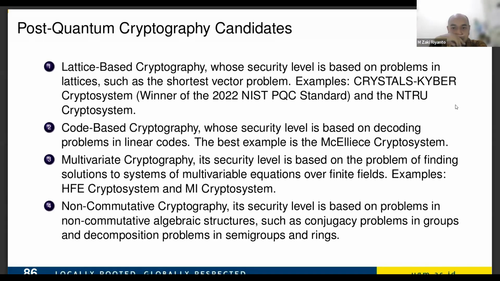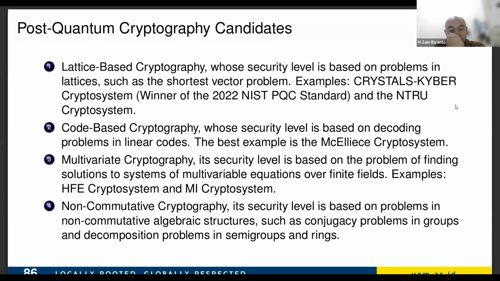Some years ago, the NIST standard announced the winner of the competition. The winner is the Crystals-Kyber cryptosystem, and it will become our new standard.